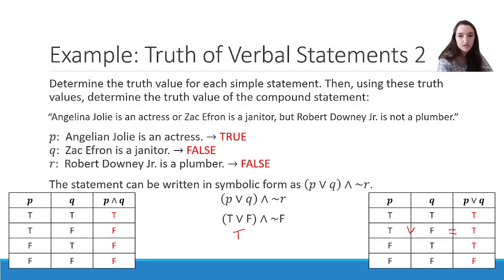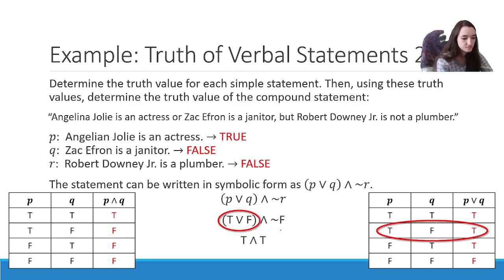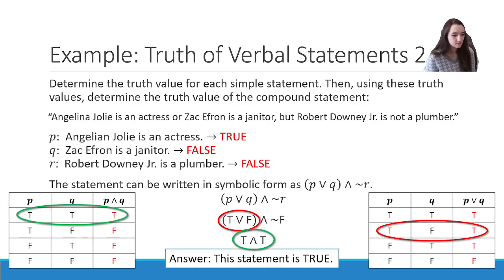Negation of false, well, the negation of anything becomes its opposite, so that'll also be true, like so. This will become true and true. Again, we work in parentheses first, and then etc. So now we have true or true, true and true. So I look over at my and table. True and true, that equals true. So I get true in the end. And so the statement is, in fact, true.